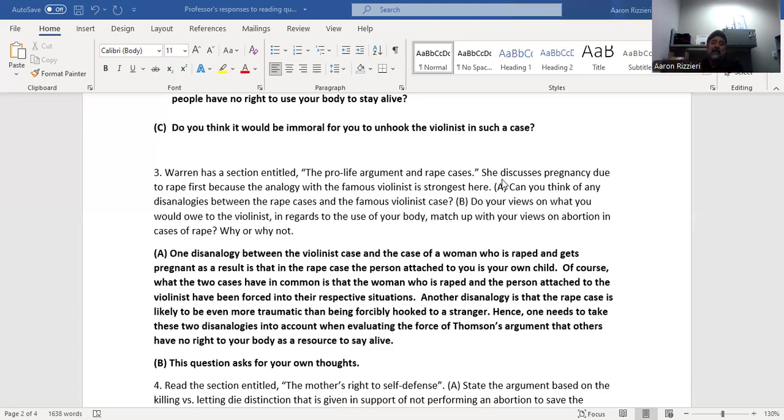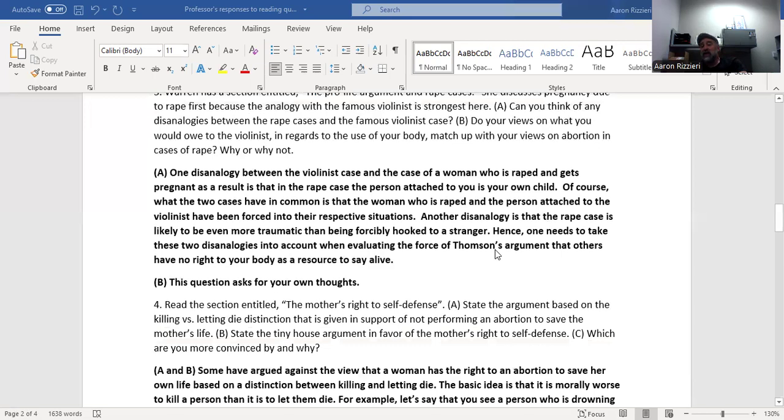Why or why not? Okay, so here's a couple disanalogies between the famous violinist case and cases of rape. One disanalogy between the violinist case and the case of a woman who is raped and gets pregnant is that in the rape case, the person attached to you is your own child.